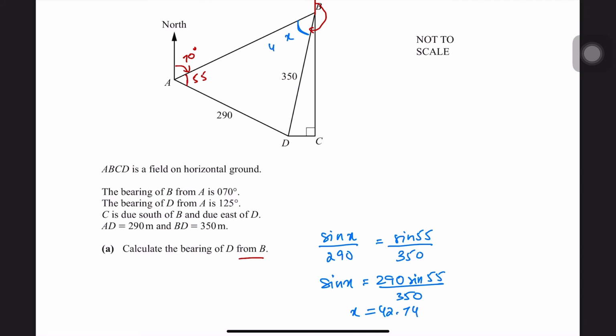Okay, if this angle is 42.74, then I subtract it from 90 because there was a Z forming here. That gives me this angle, and I can say that this angle is then 27.256. So the bearing then becomes, the red angle that I have is 180 plus 27.256. That gives me 207.3.